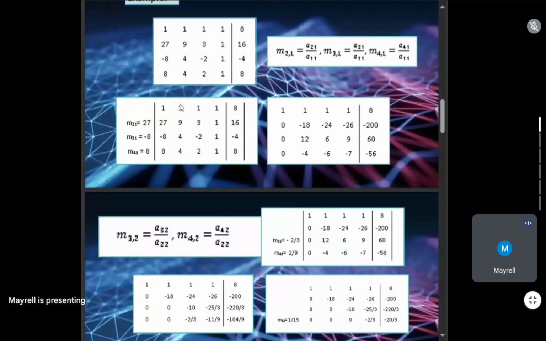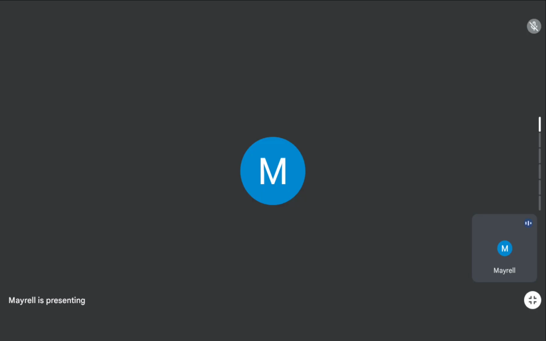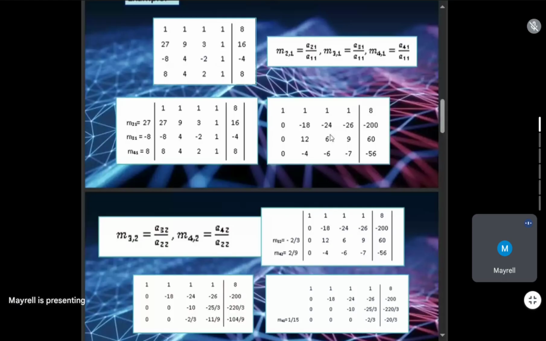The next, the third element in row 2: 3 minus 27 times 1, so that is negative 24. And the fourth one, 1 minus 27 times 1, equals negative 26. And the constants: 16 minus 27 times 8, so negative 200.